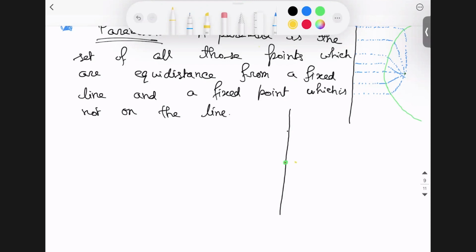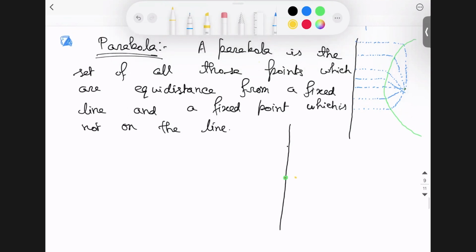The distance of this yellow point from the green point and the distance of this yellow point from the straight line are the same, because whenever we find the distance from a straight line, we usually take the perpendicular distance.